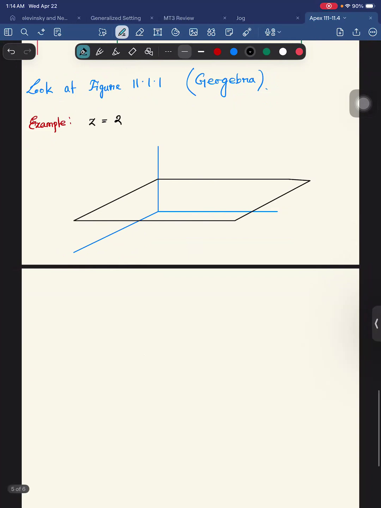So this height is 2, right? And now extend this guy everywhere, right? This is a picture of a plane, not the definition.